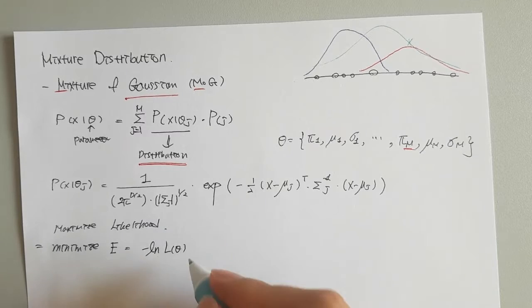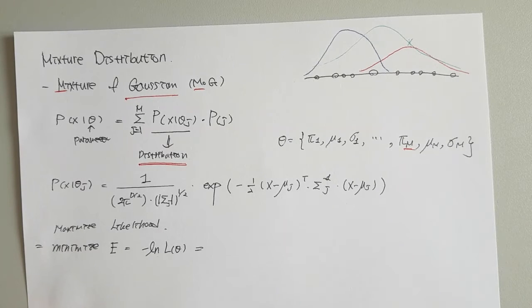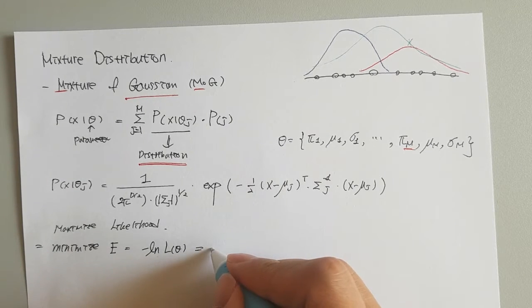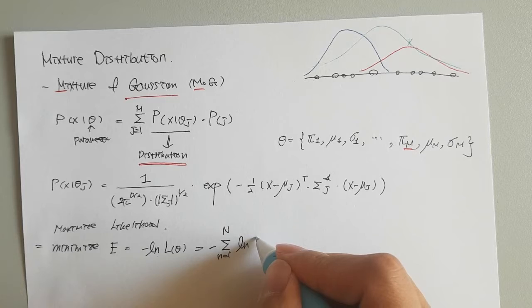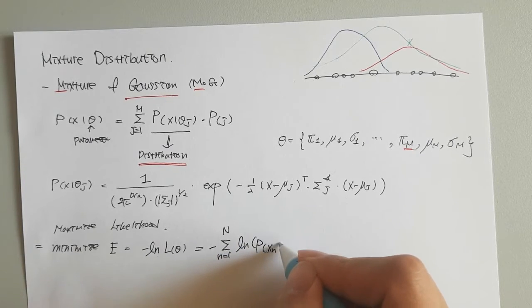Yeah, it is used a lot in machine learning theory and many other areas, and it can be represented as the sum of probabilities here.